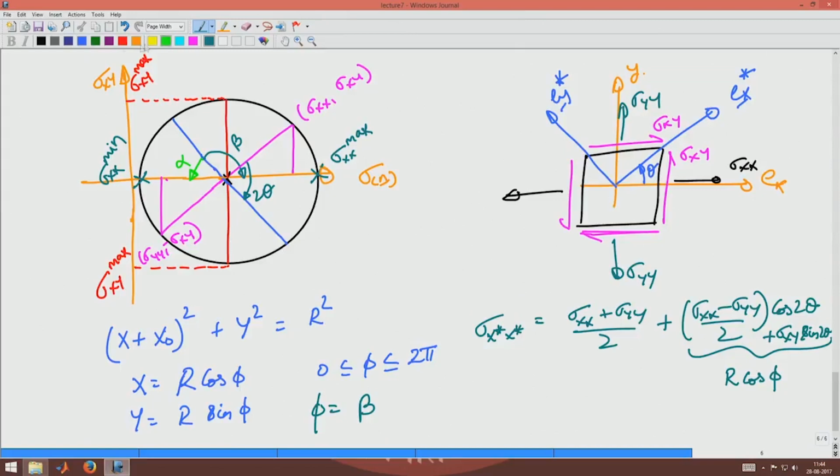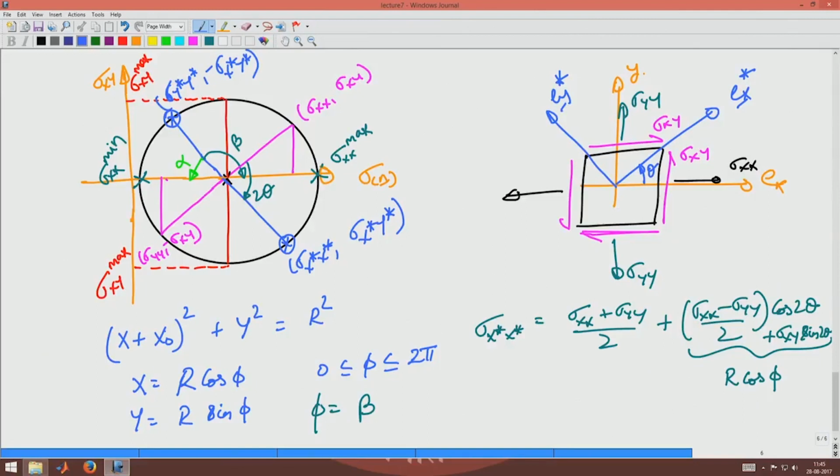So, this point, sigma xx, moves on to this point. This will be sigma x star, sigma x star y star, and this point would be sigma y star, minus sigma x star y star. That is how you construct the Mohr circle.